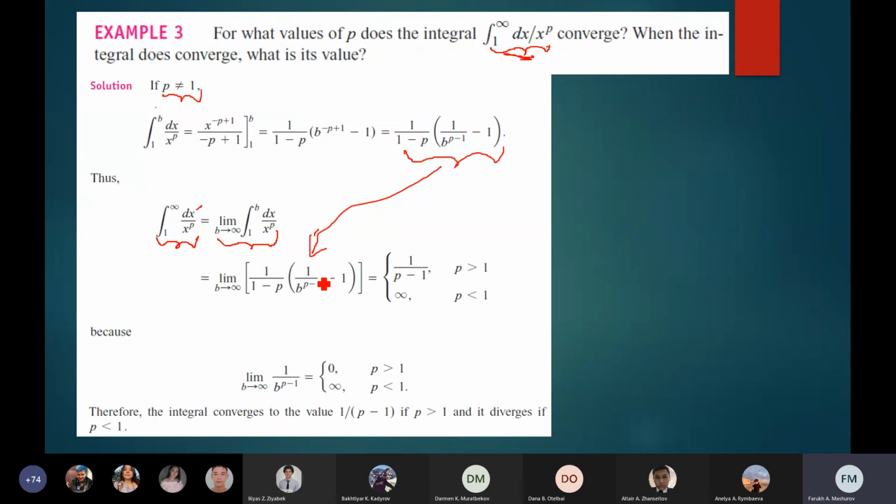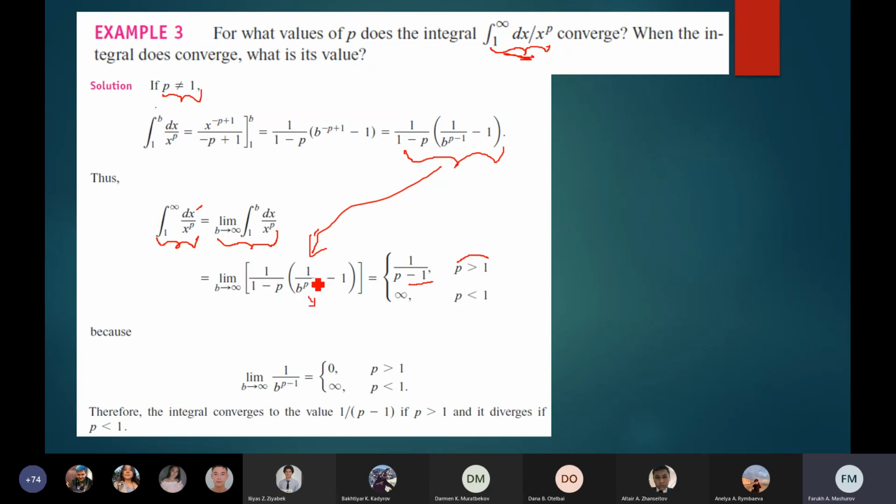As you see, depending on p, guys, if p is more than 1, it means that here we have a positive power, and when b approaches infinity, 1 over b to that power will be 0, yeah?